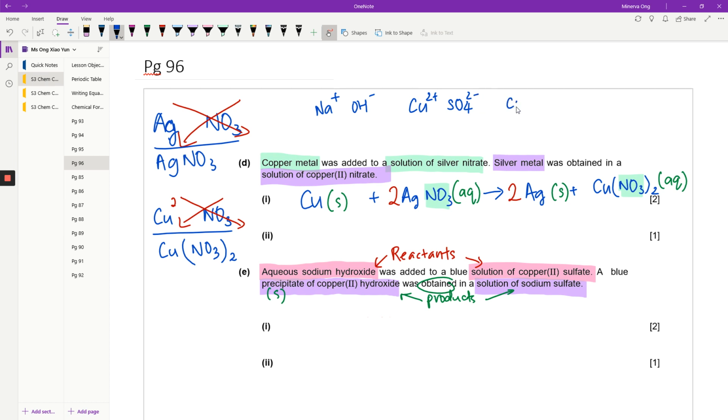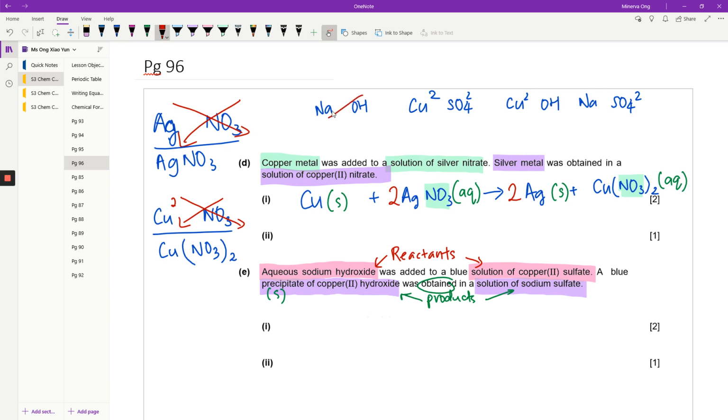Next one is copper 2 plus, hydroxide. Next one, sodium sulfate. After a while, you get used to all these numbers. So I will erase all plus and minus first. So this is 2. Erase off the plus, minus. Accidentally erased my H.